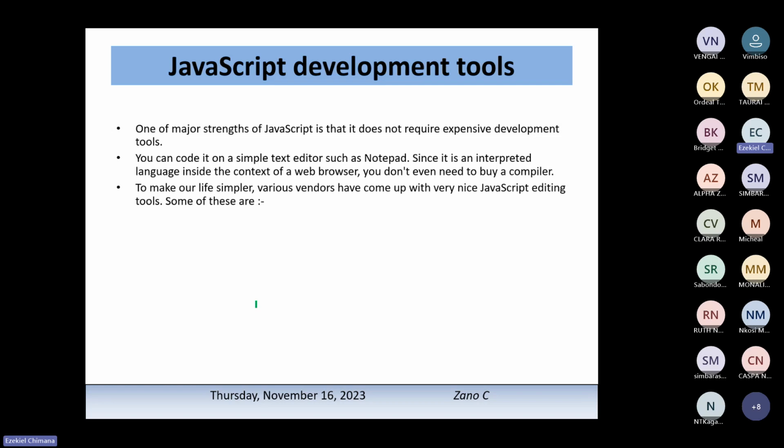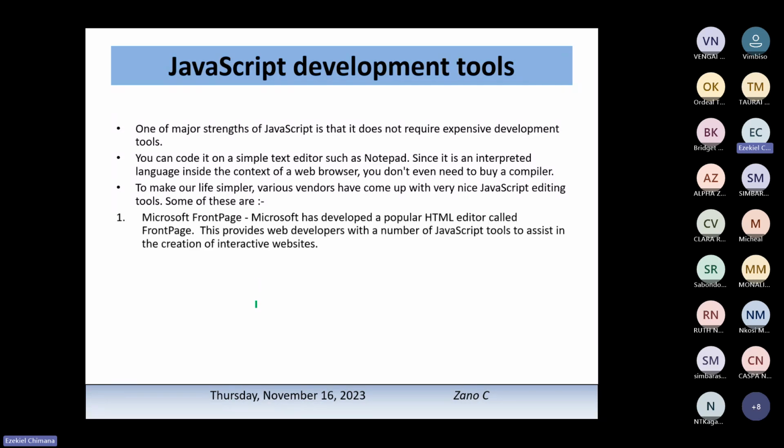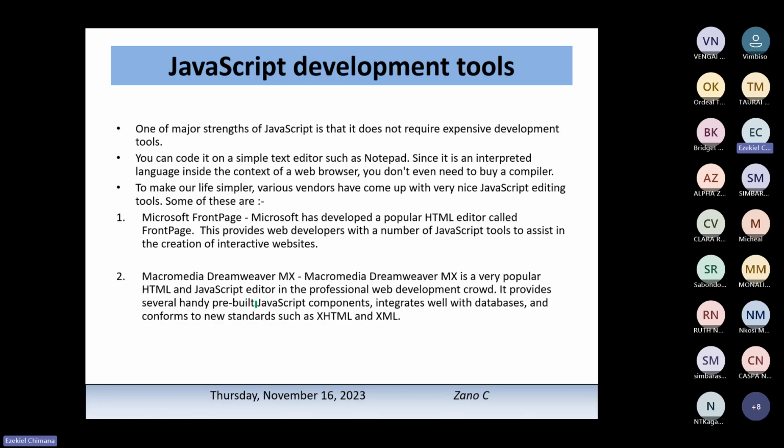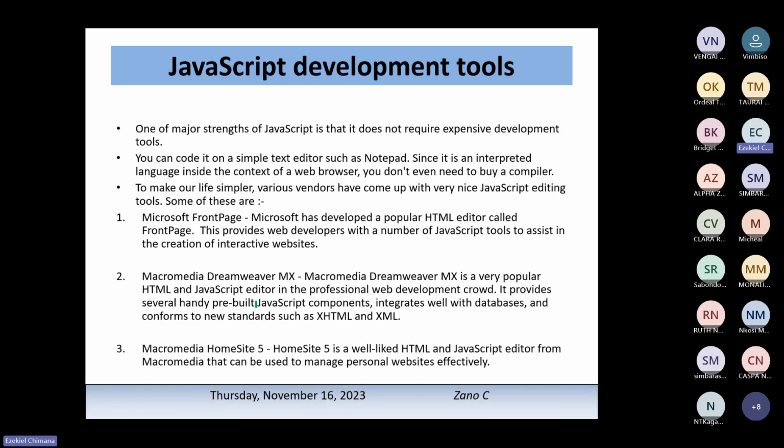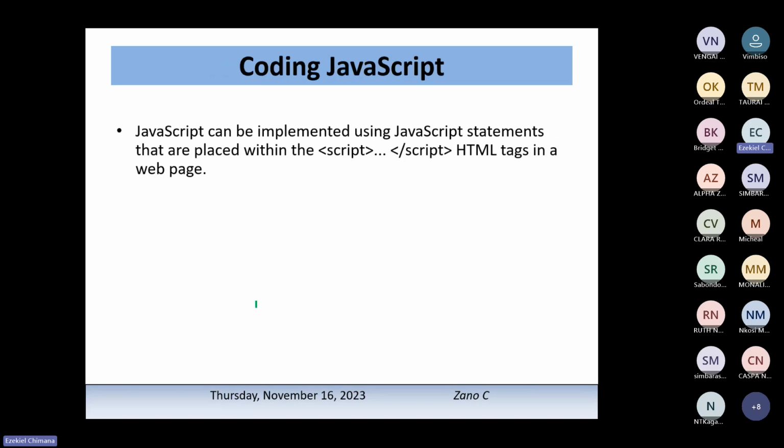To make our life simpler, various vendors have come up with very nice JavaScript editing tools. Microsoft has developed a popular HTML editor called FrontPage. You can use the FrontPage text editor, or Dreamweaver, for coding JavaScript.